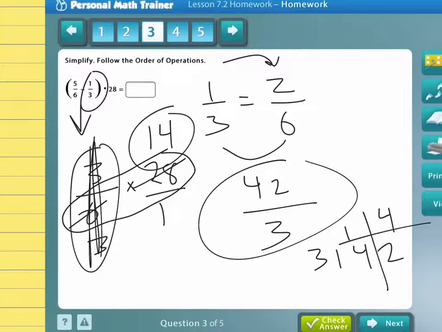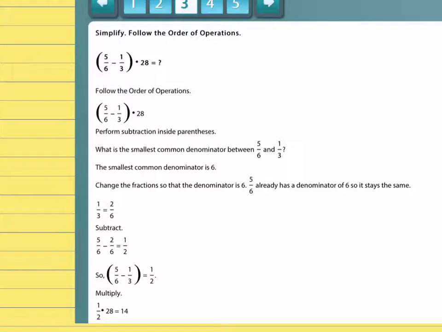So you can simplify up and down like that, or you can simplify diagonally like we did there. Their explanation is just a little bit different. When they did this, they got 3/6, but then they simplified it to a half, which makes sense because half is easy to multiply. It's easy to multiply 1/2 times 28 to get 14.